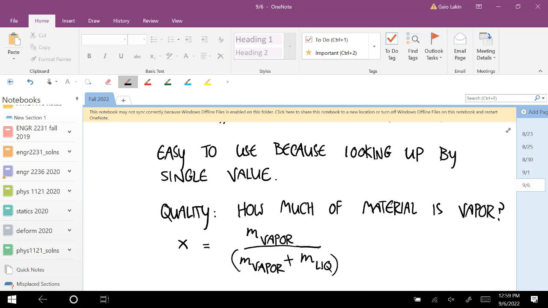And so that quality X tells you something about how much energy is stored in that material that the temperature doesn't tell you. The temperature is the same no matter how much is vapor and how much is liquid, but if the quality is high, there's a lot of energy stored in it. If the quality is low, there's not much energy stored in it.